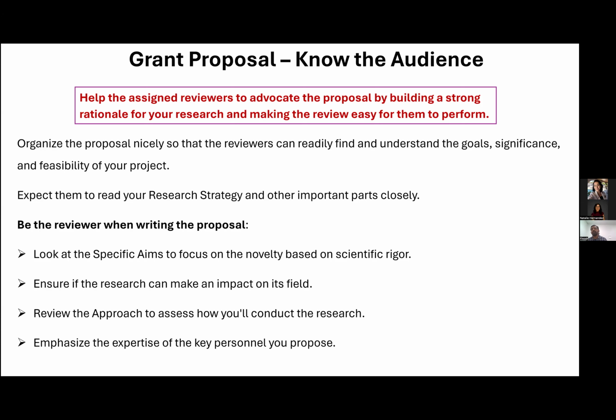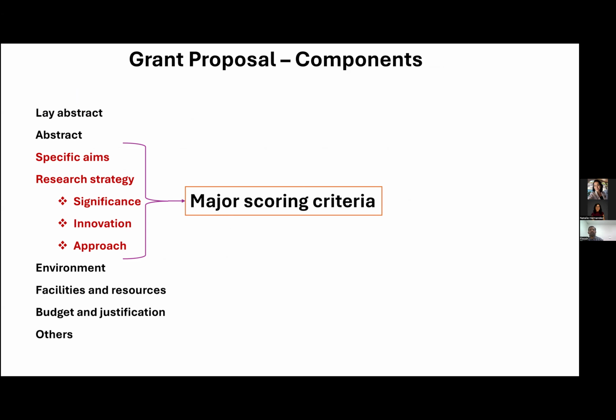If you don't, collaborate with someone who has that expertise and those resources, get them into the loop and mention that these experiments will be performed in collaboration with so-and-so lab. In that way, the reviewer will understand that you have those collaborative efforts to perform this project in a successful manner. And then when you look into any proposal, these are the major components.